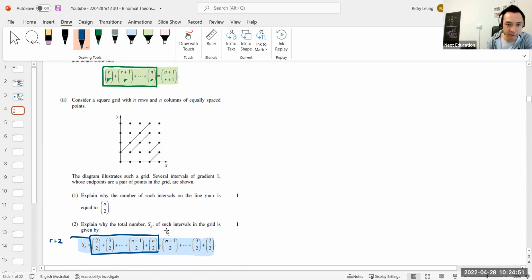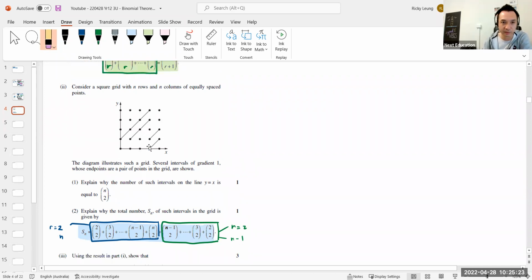And for this side here, the only difference is R is still 2, the bottom number is 2, but the top number is n minus 1. So when I sub in the top number there, I use n for the first one and then n minus 1 for the second one.